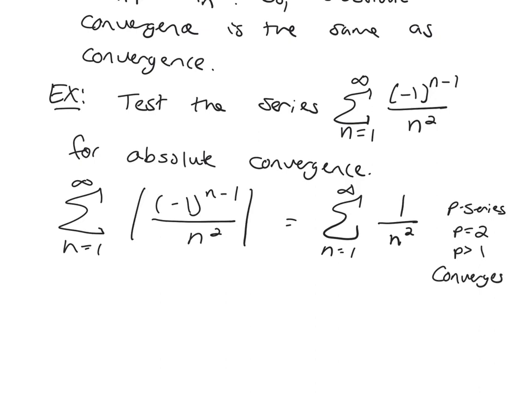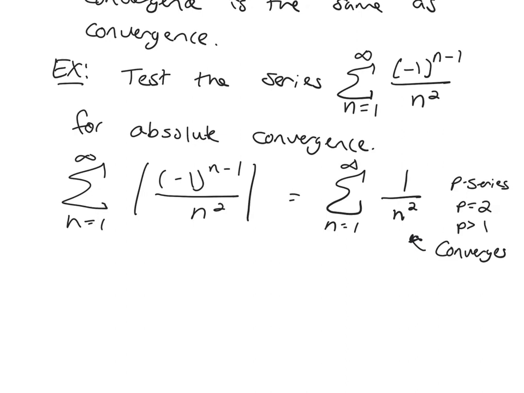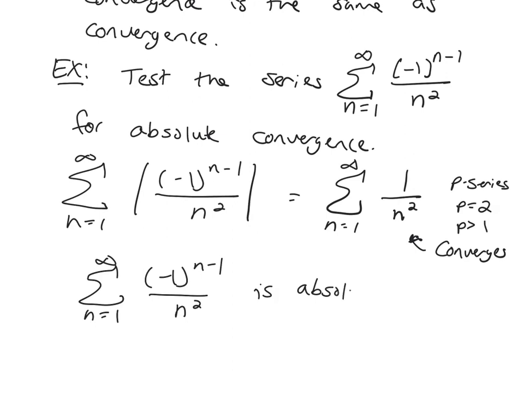So this series here converges, which means that your original series is absolutely convergent. Because that was the question, does it absolutely converge? So from here I can say my original series, (-1)^(n-1) over n squared, is absolutely convergent, because I put on absolute values and the series converged.